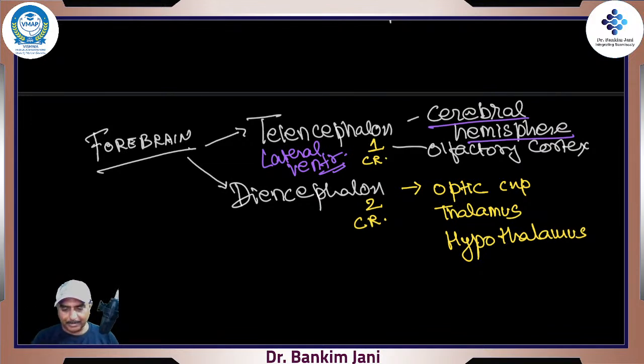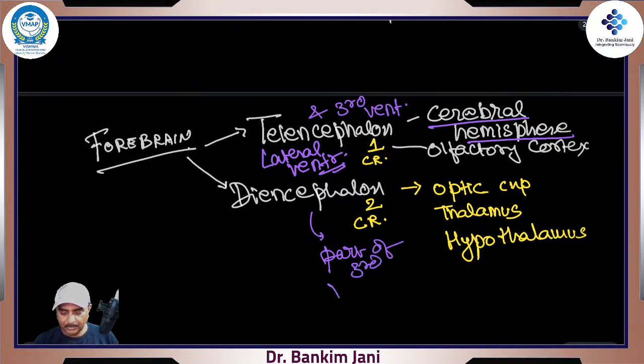This will then be crystal clear when we discuss the CSF circulation, where we'll actually draw each and every part. The upper part of the third ventricle is from telencephalon, and this lower portion of the third ventricle is from diencephalon. So far, so good, right?